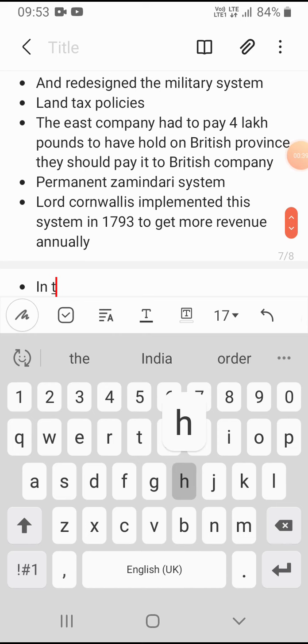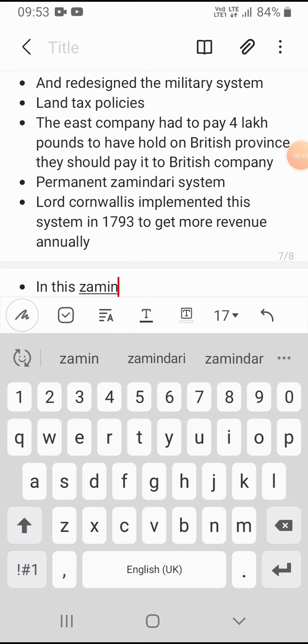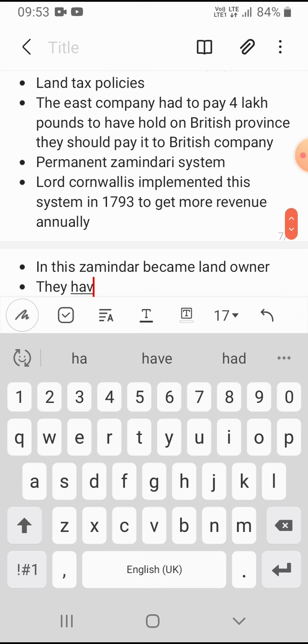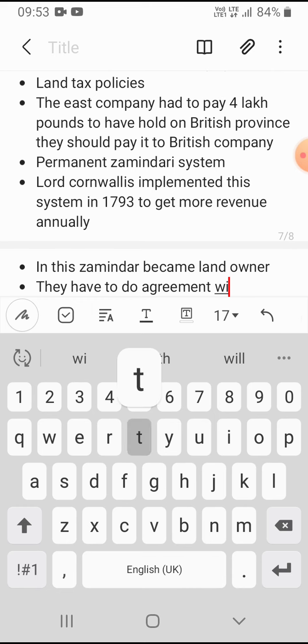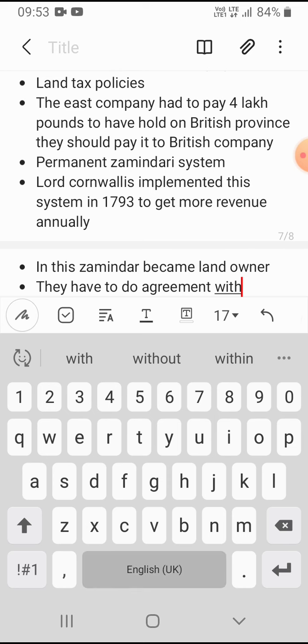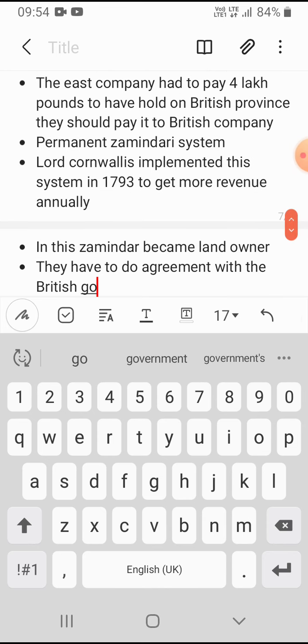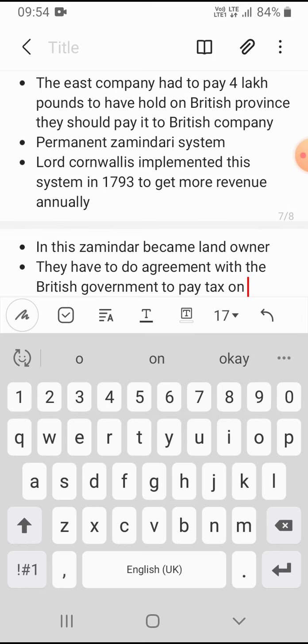In this, the zamindar became a landowner. They are landowners, and they have to do an agreement with the British government to pay tax on a set date. Whatever date they have given, only on that date you should pay tax.